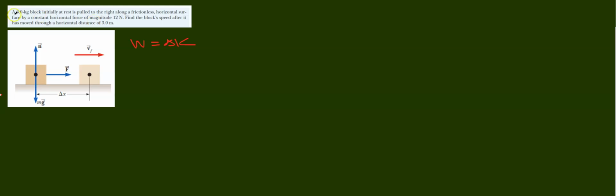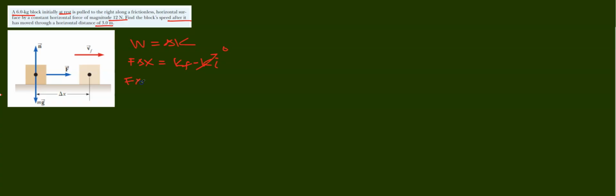The block is 6 kilograms, the force is 12, and the displacement is 3. They want the speed after it has moved, and it started from rest. So the work, which is force times delta x times cosine of 0, is kinetic final minus kinetic initial, but there was no kinetic initial because it started from rest.